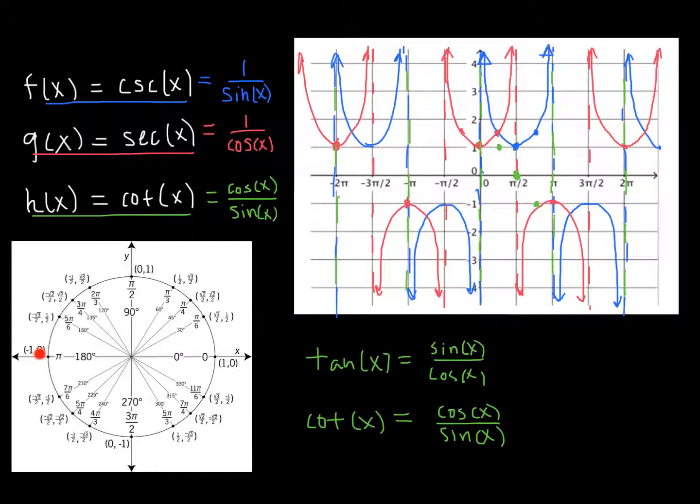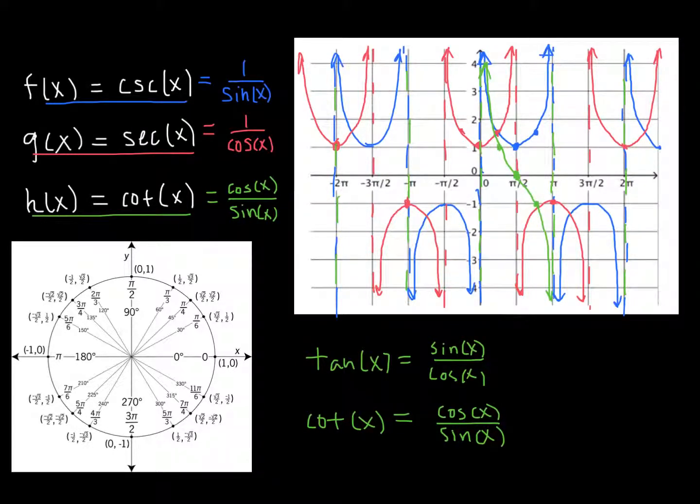And as we get closer and closer to pi, notice that cosine is getting closer to negative 1 while sine is getting closer to 0 from the positive side, and so we're going to have something close to negative 1 over a very, very small positive number, which is going to be a very big negative number, so closer to negative infinity.